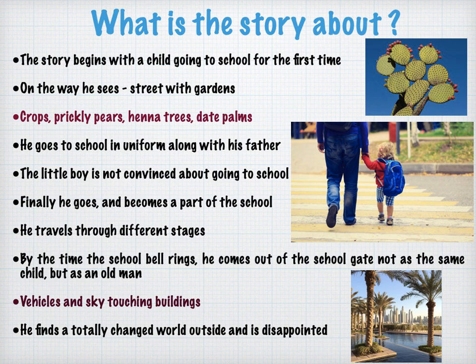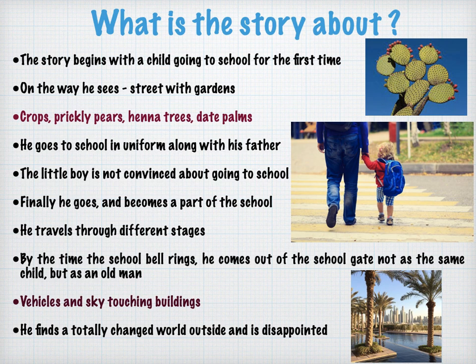He travels through different stages: childhood, adolescent period, adulthood, middle age, old age, and it continues. By the time the school bell rings, he comes out of the school gate not as the same child, but as an old man.